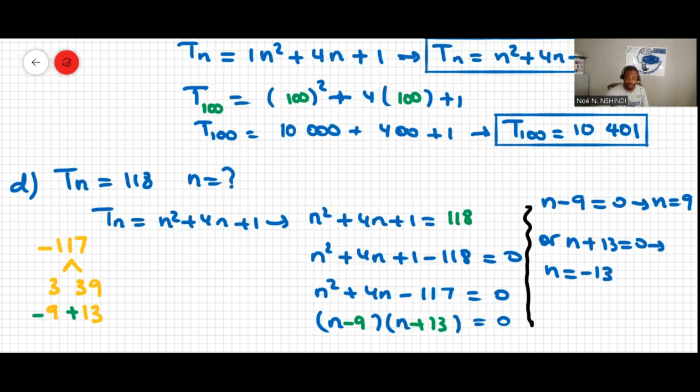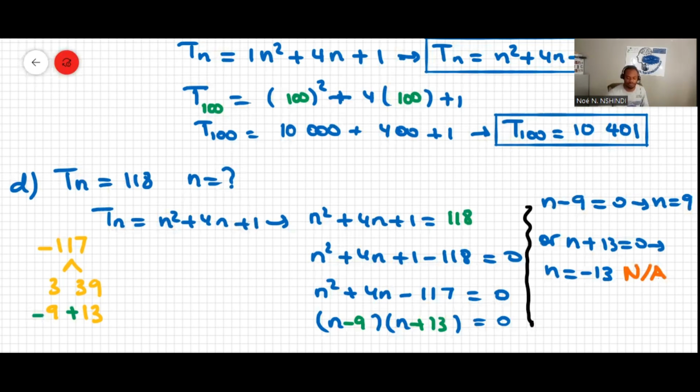Now, because these are terms, a negative number is not applicable because it's meaningless. We cannot have a position of minus 13. Positions are positive integers starting from 1. It cannot be 0, a negative number, a fraction or a decimal.